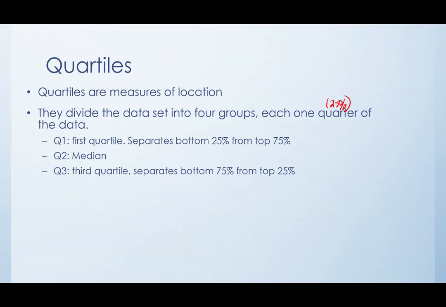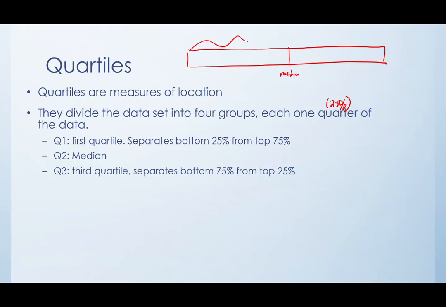Our first quartile is going to be called Q1. So if you imagine this is our data, it's all lined up in a row. Now, of course, the middle is the median, right? And that divides the data into the lower 50% and the upper 50%, right? Now, if we take that bottom 50% and we divide it in half again, that is going to be our first quartile, Q1.